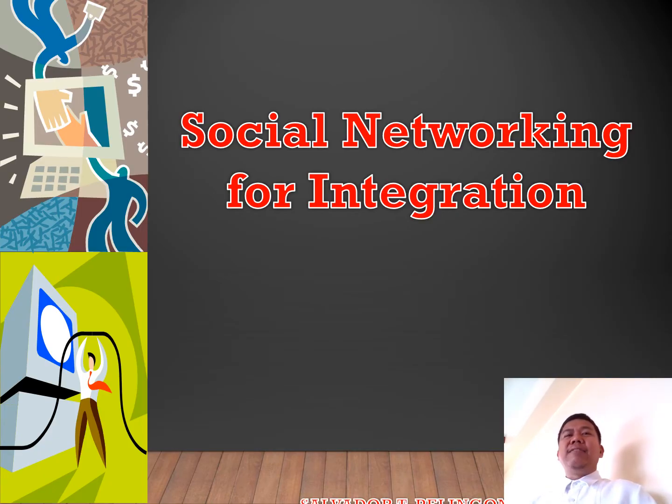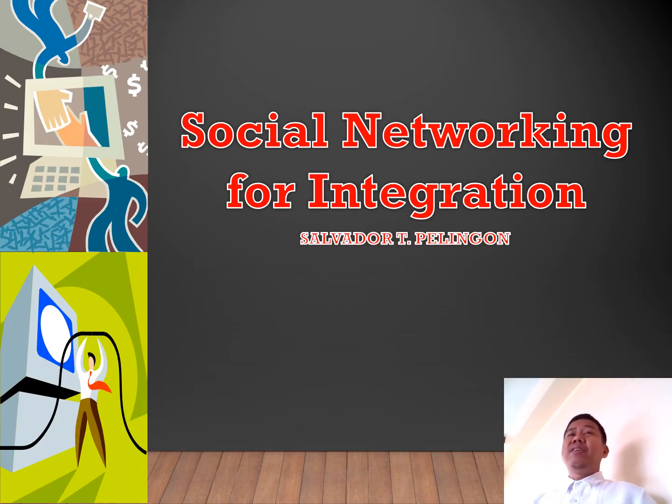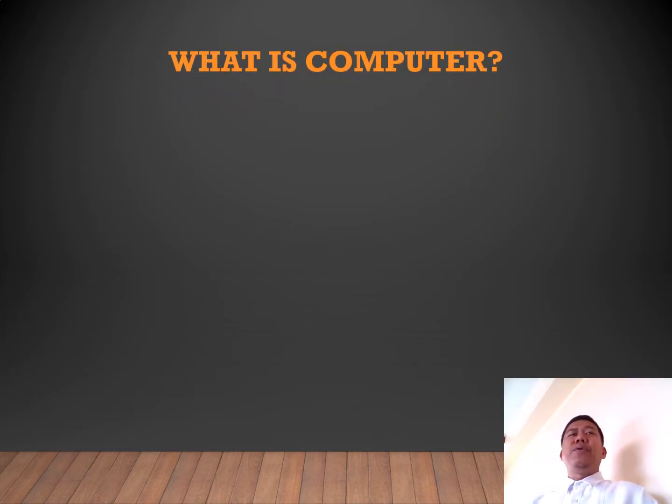So let us once again go back to where this thing started. Let us try to go back to what a computer is. So what is a computer? Actually, a computer is a device like your cell phone, like any other device.